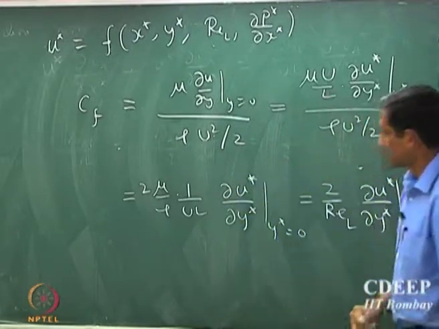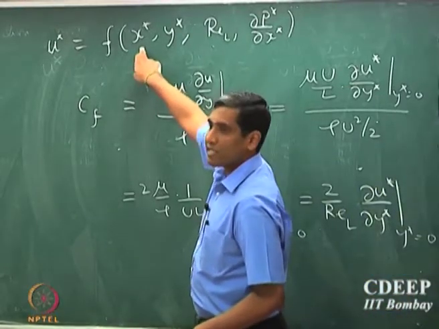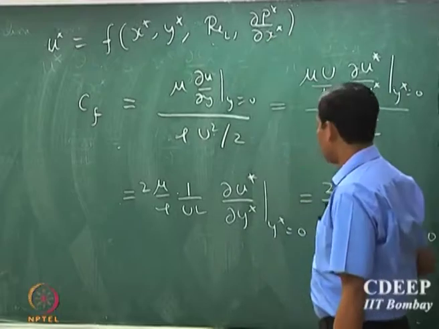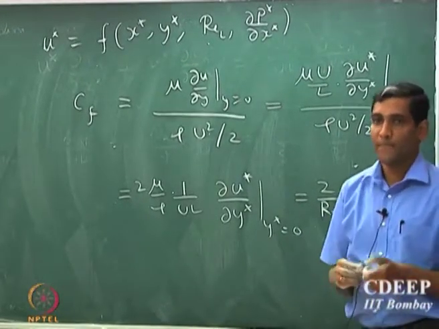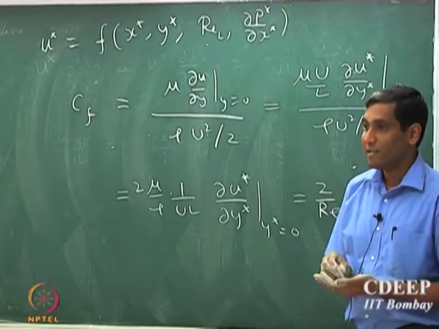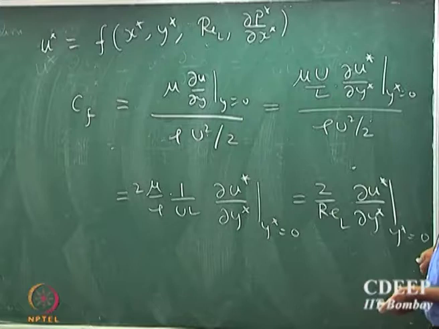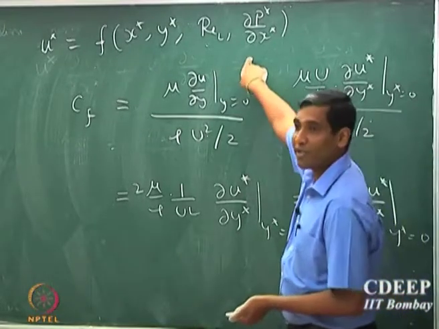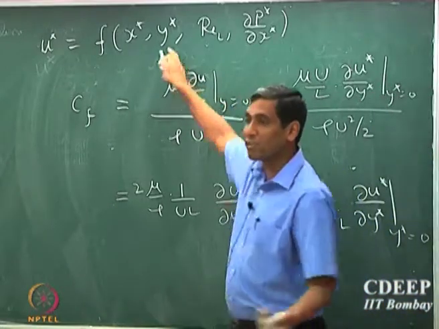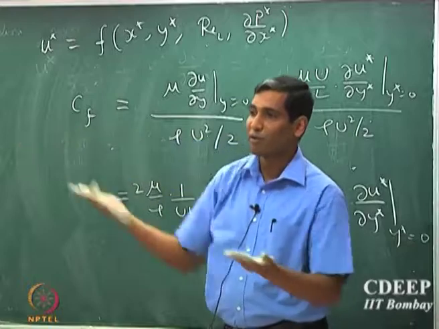Okay. So if u star is a function of x star, y star, Reynolds number and dp star by dx star, what about Cf? Cf will be the same thing, evaluated at y star equal to 0. Remember that you take the derivative of this and evaluate at y star equal to 0. So the dependence on y star is gone because you are evaluating at y star equal to 0.